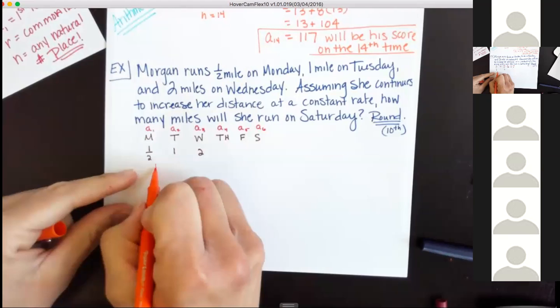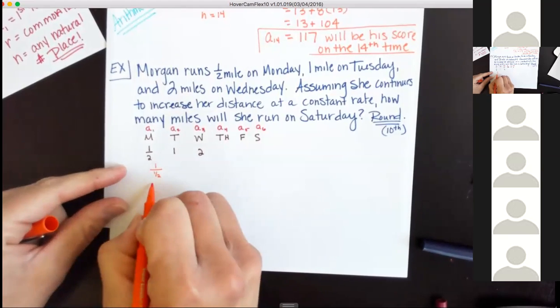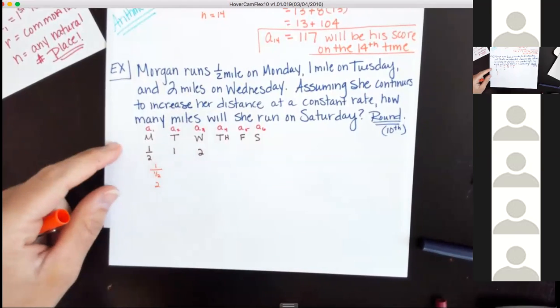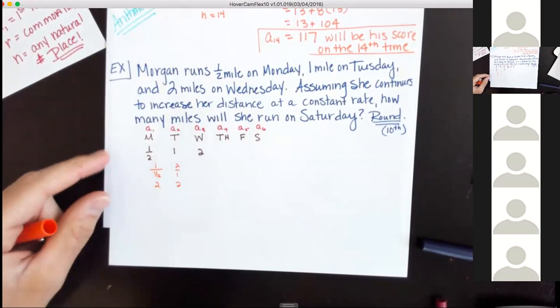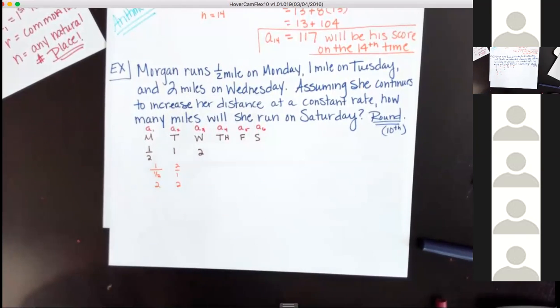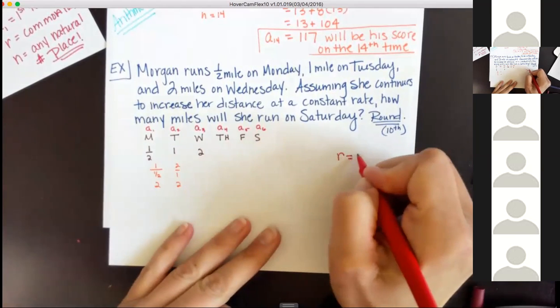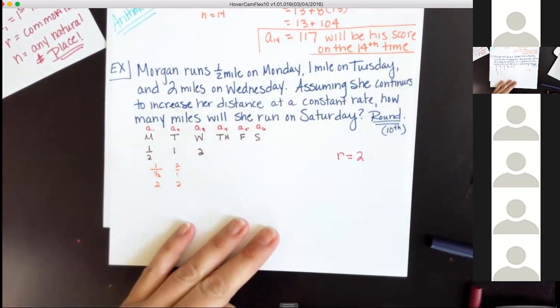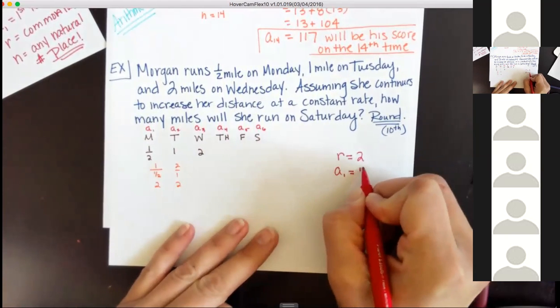So if I took 1 divided by 1/2, I can see that that actually is a 2. And if I take 2 divided by 1, I get 2. So my division works. So what we're looking at is that my common ratio is 2. We see that our A sub 1 was 1/2.